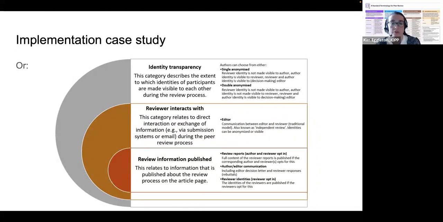I think what this tool does is it gives us a common language so that we can all converse and understand what each other are talking about, rather than me saying open and Anna interpreting it to mean something else. Exactly. We try to avoid the word open in the terminology to indeed prevent that confusion.